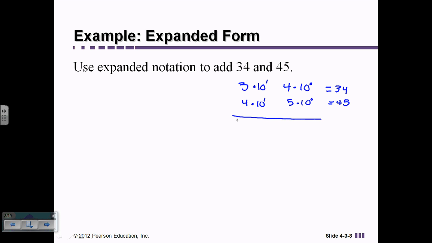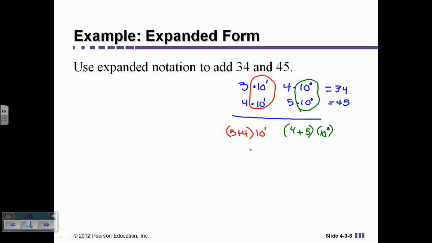So if I want to add these two numbers together, what I can do is, again, think in terms of what I have in common. I have the 10 to the 1st in common, so I have 3 plus 4 times 10 to the 1st power. And on the second part here, I have the 10 to the 0's in common, so I have 4 plus 5, oops, I forgot my parentheses here, times 10 to the 0 power.